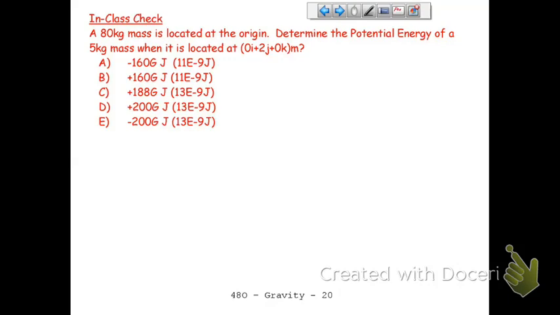An 80 kilogram mass is located at the origin. Determine the potential energy of a 5 kilogram mass located at 2. I say delta UG is equal to minus G M, 1 over r final minus 1 over r initial.